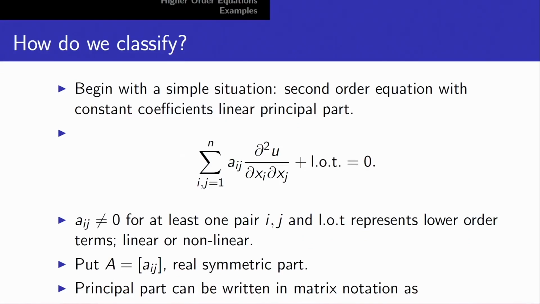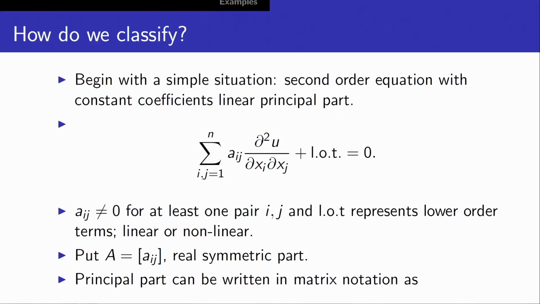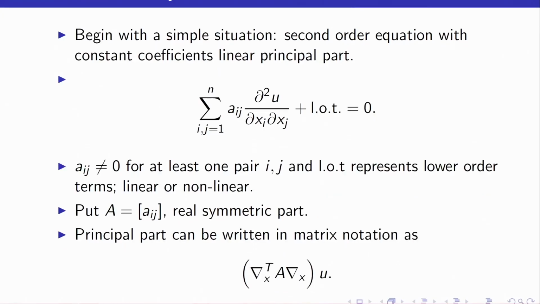The part a_ij del square u by del x_i del x_j is called the principal part of the equation, and that is written in matrix notation as del_x transpose A del_x u. Del_x denotes the gradient vector.